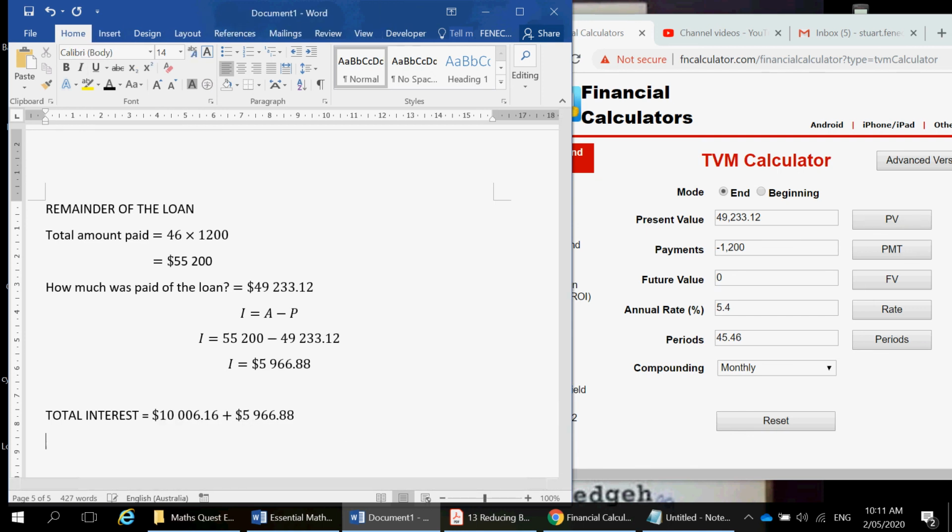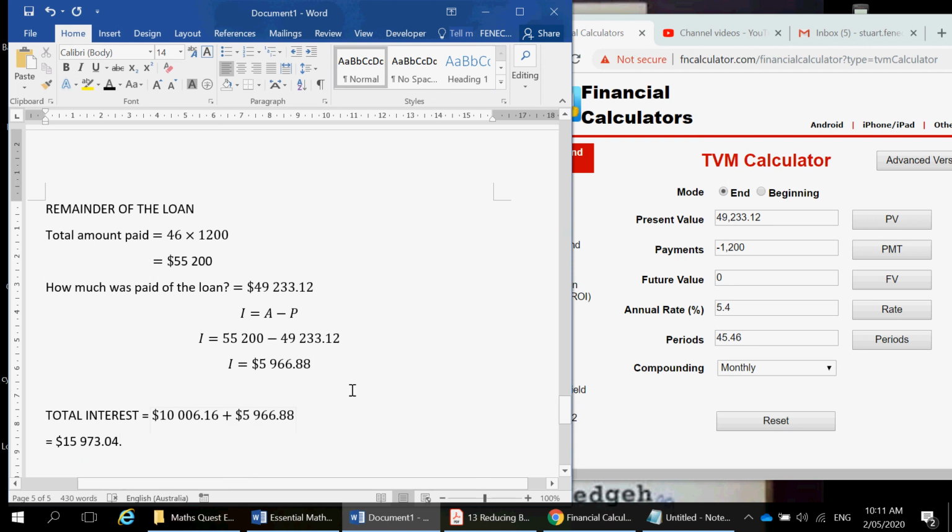So we need to put that together. So plus, so we go 10,006.16 plus 5,966.88, and we're going to get a total interest of $15,973.04.